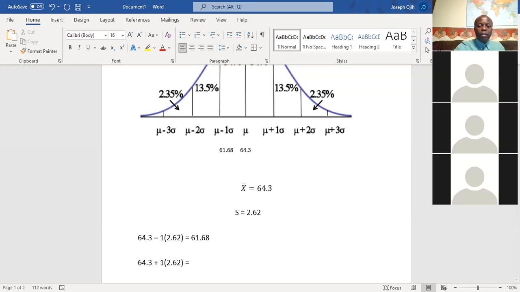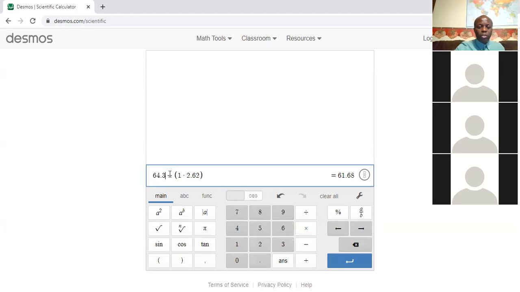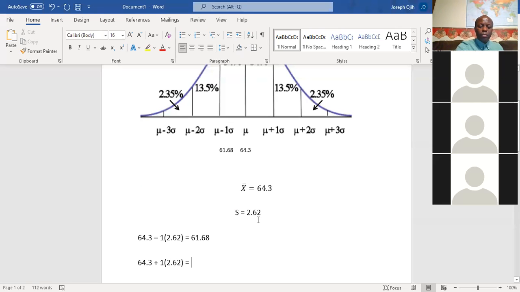Now I'll take you to the calculator so you can see it. So I'm going to change this to plus. It gives me 66.92. Okay, good. We got 66.92. So I'm going to put it right here.